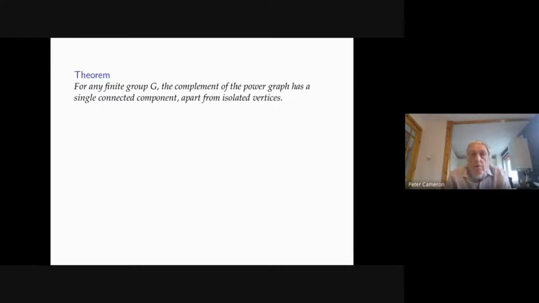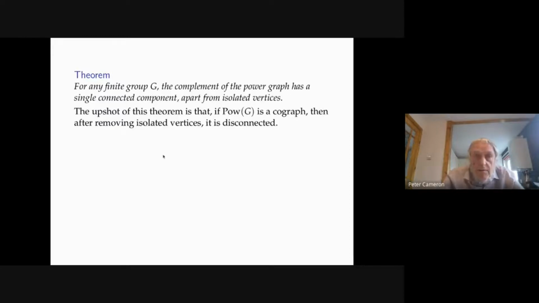I'm not going to give you a complete proof of that, but the point is that if the power graph is a cograph, removing isolated vertices doesn't change the property of being a cograph. And if when you remove the isolated vertices you get a connected graph, and it's a cograph, then its complement is disconnected. So we know that a necessary condition for the power graph of G to be a cograph is that when you remove the vertices joined to everything, the result is disconnected.